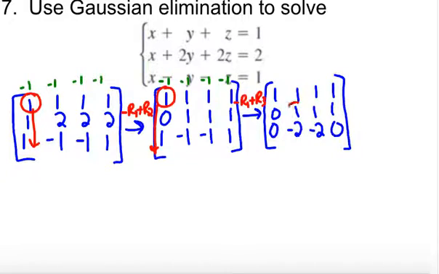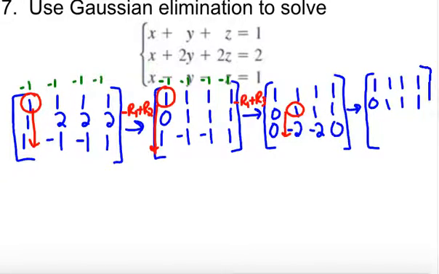Next goal, get a 1 here, get zeros below it. I intend to leave the top row alone, and I'm going to leave the middle row alone. I need to change this bottom row. Let's see. I need to get rid of that negative 2, so if I take 2 times row 2 and add it to row 3, that should do it.